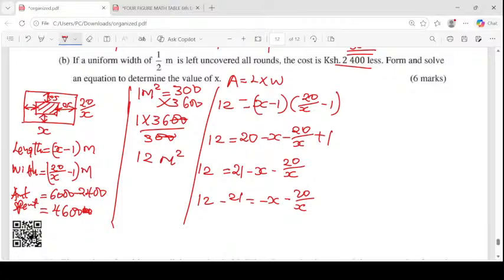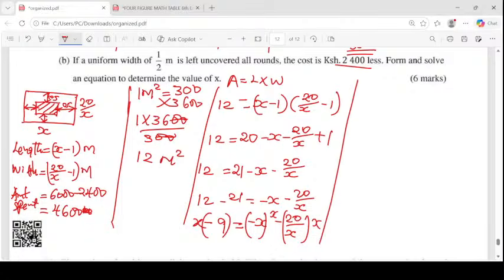So this is going to be negative 9 is equal to negative x minus 20 over x. So we can multiply both sides by x. And this will become negative 9x.